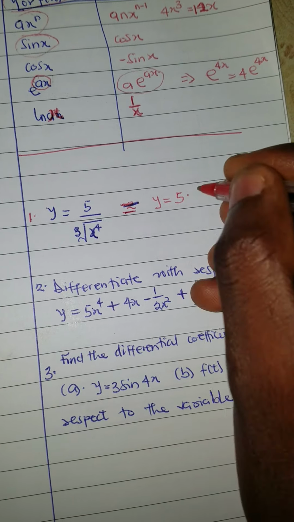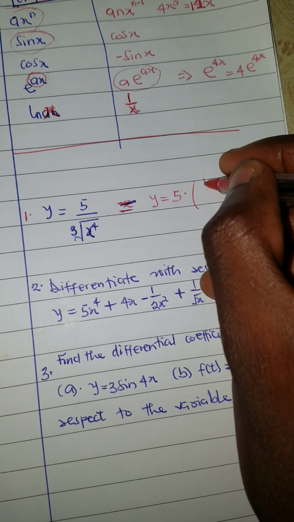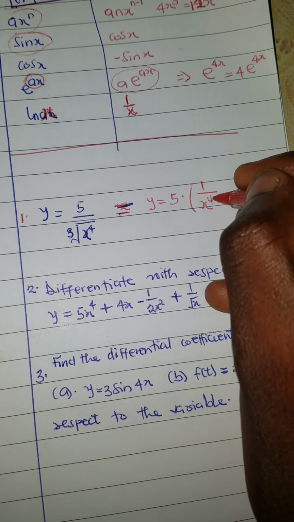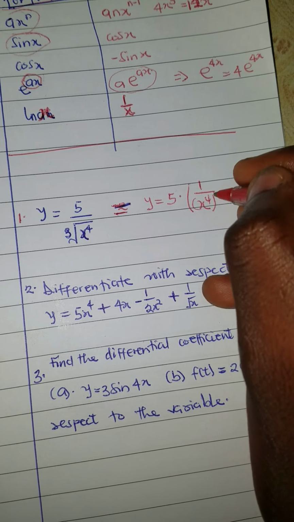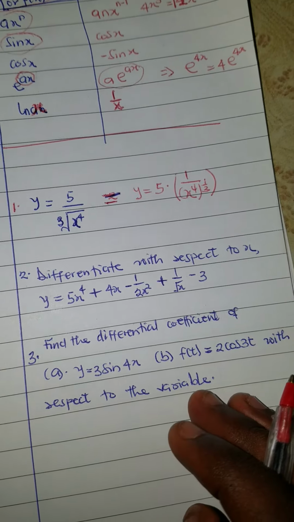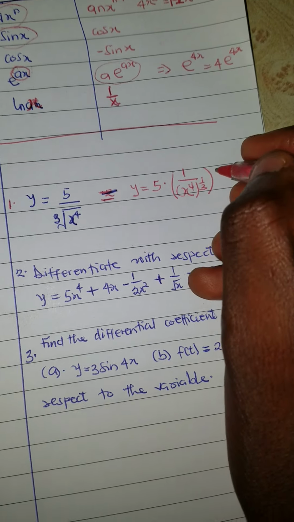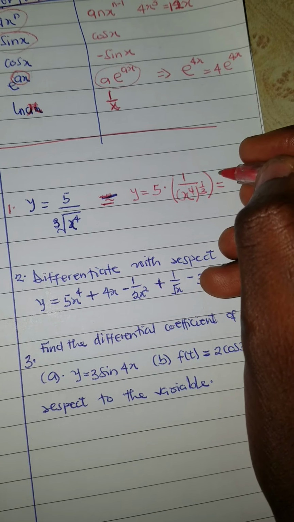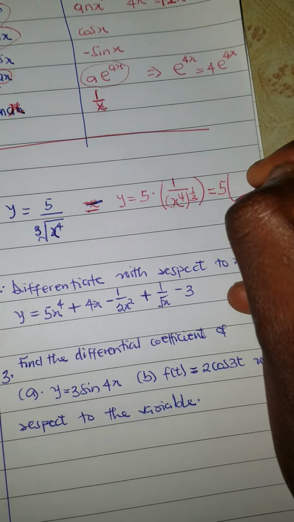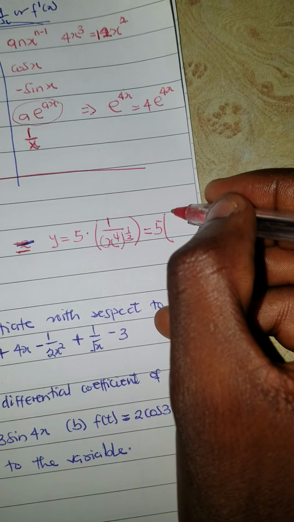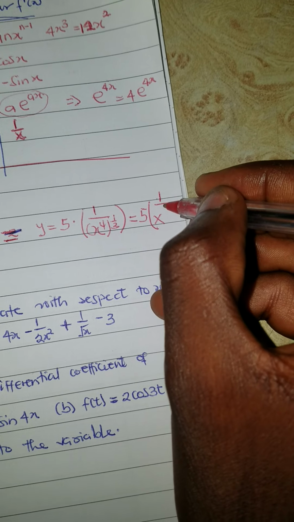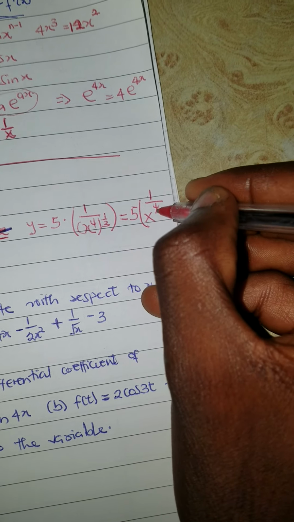This can be written as 5 times 1 over x raised to the power 4, all raised to the power 1 over 3. Now this can be changed to 5 multiplied by 1 over x raised to the power 4 over 3.